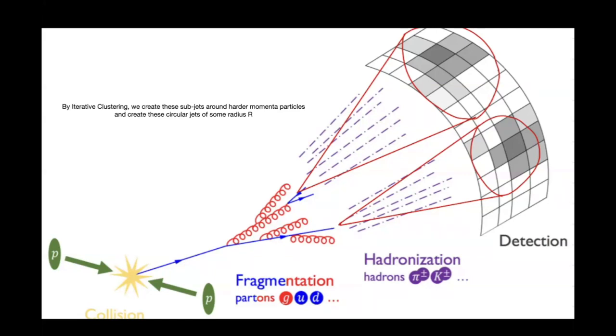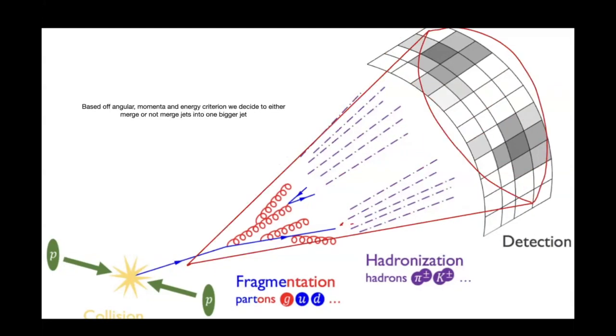Once you create these two subjets, your algorithm decides whether to merge them or not, and that depends on the radius R and the features you have. If you merge them together, you get this huge cone. This is basically going to be your jet.